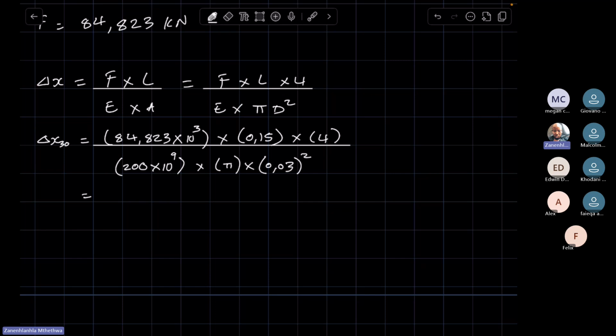What do you get here? Maybe let me calculate this as well, so you can see what I mean. It's 9 times 10 to the power minus 5. See, that is very small. So 84,823 times 10 to the 3 times 0.15 times 4 divided by 200 times 10 to the 9 times pi times 0.03 squared.